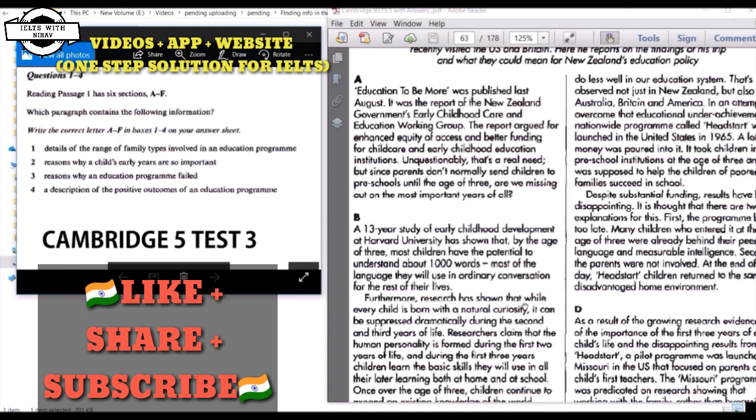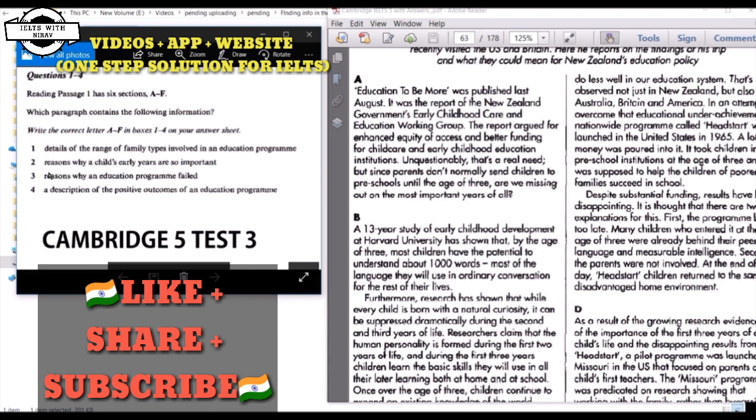Furthermore, research has shown that while every child is born with a natural curiosity, it can be suppressed dramatically during the second and third year of life. So here, just try to get the idea. Children have the potential to understand 1000 words, most of the language they will use in ordinary conversation for the rest of their life. They learn when they are in childhood.